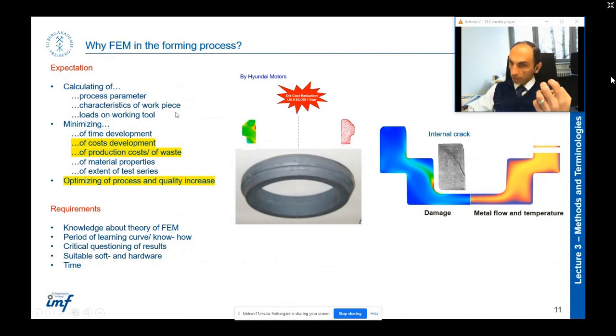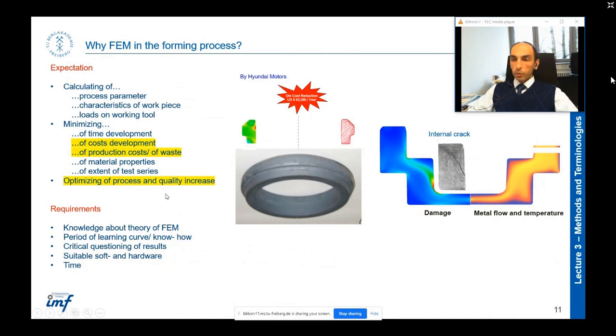You can predict before you produce, you can predict the loads, and you can optimize the working tools. On the economic side, you can minimize the time of development, the cost of development, and minimize the waste. You can optimize the process, and you can increase the quality. This is a very important topic these days.